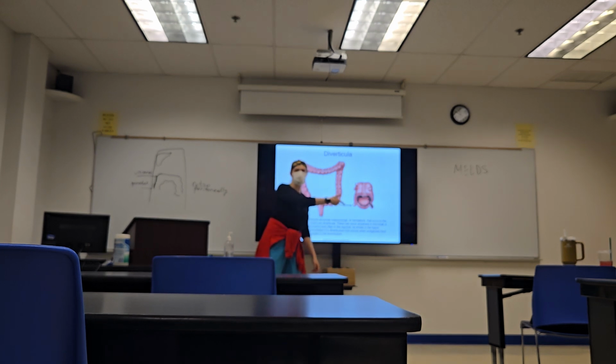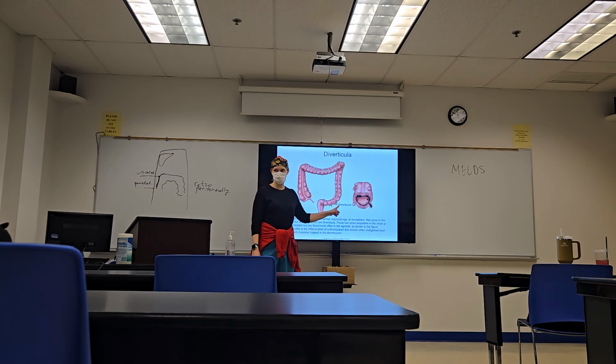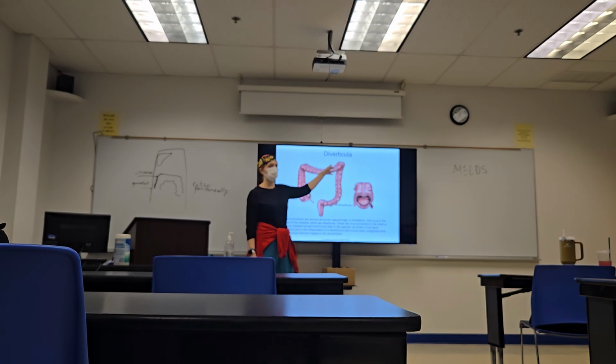Diverticulitis is the next step. It's when the problem is itis, inflammation of these guys. In most patients they are located in the sigmoid, but they can be anywhere in the large intestine.